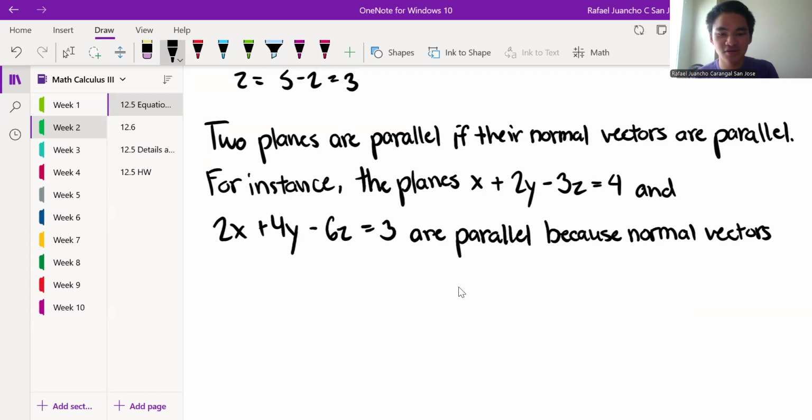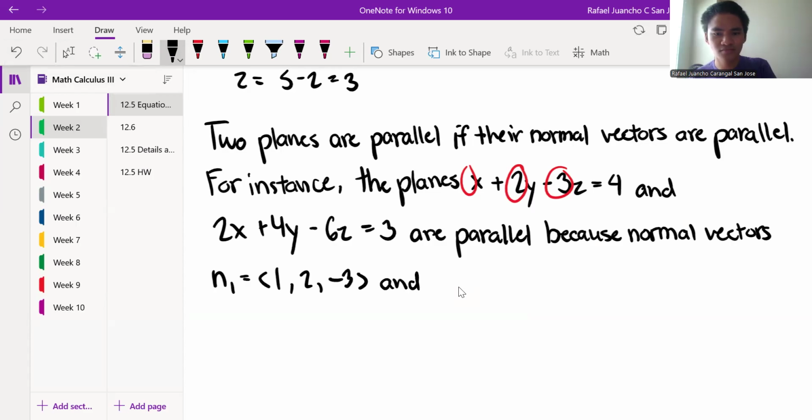So I'm just gonna name it. Let's call this n1. And what's the normal vector of this? Well, it's A, B, C. So this has a vector of 1, 2, -3. And let's call the other plane n2.